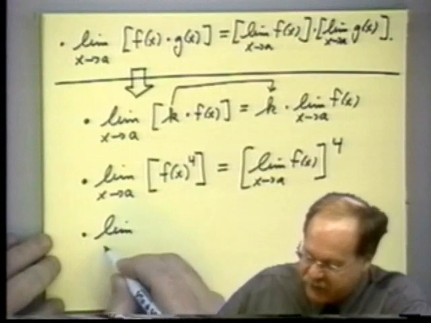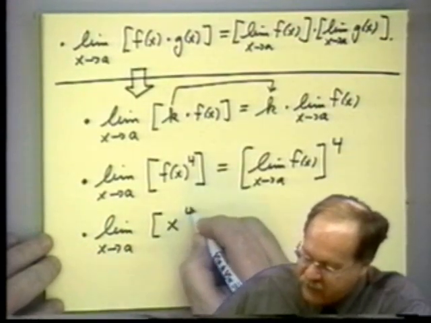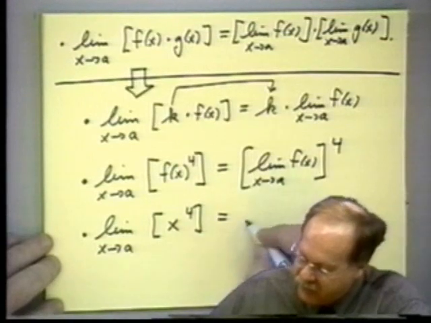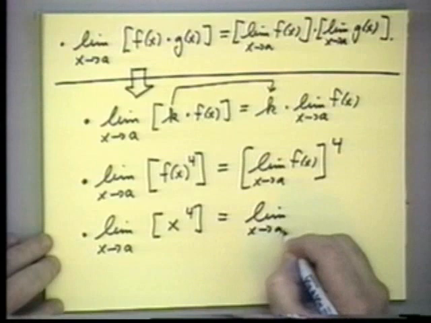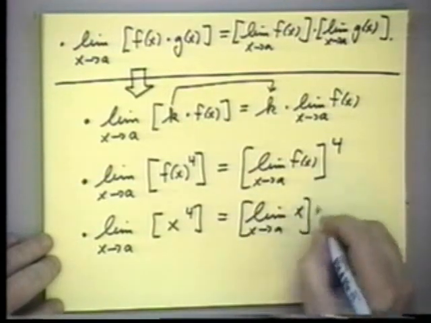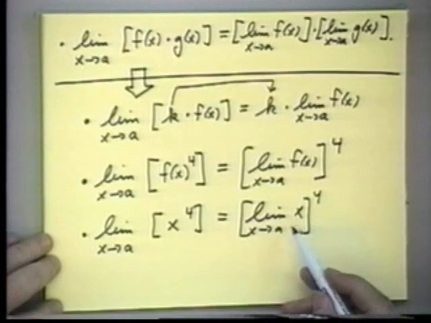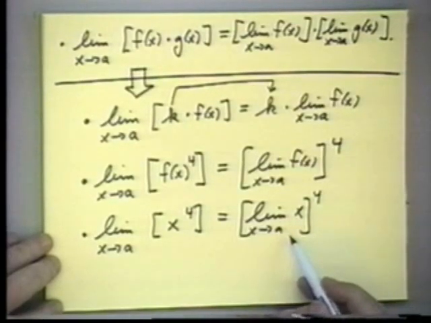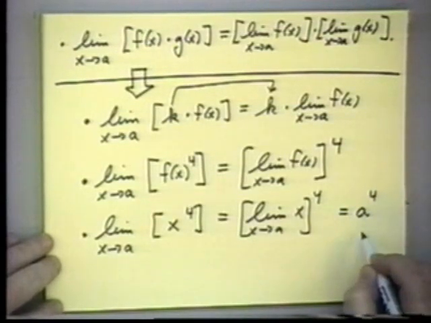Finally, if we take an even more special case of that, if we take the function to be x to the fourth, then the limit of x to the fourth becomes the limit as x approaches a of x to the fourth power. And we can go further here because this is one of the basic limits. And the limit of x as x approaches a is a. So this is a to the fourth power.